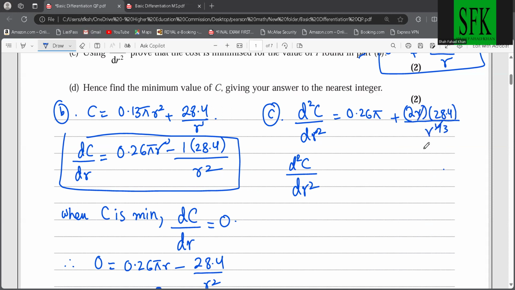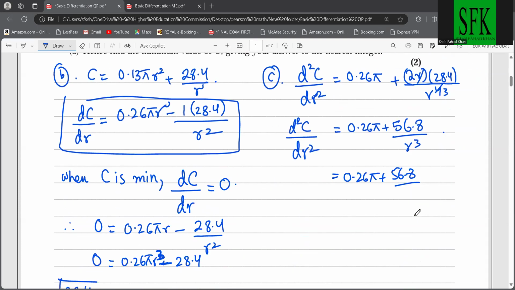Now r cancels out to form r cubed. This becomes 0.26 pi added to 2 times 28.4 over r cubed, so 56.8 over r cubed.